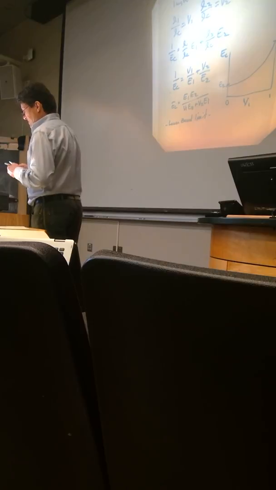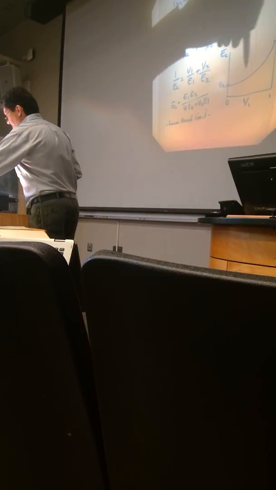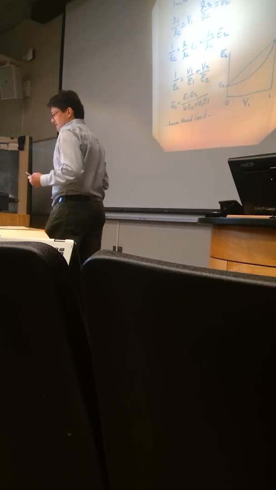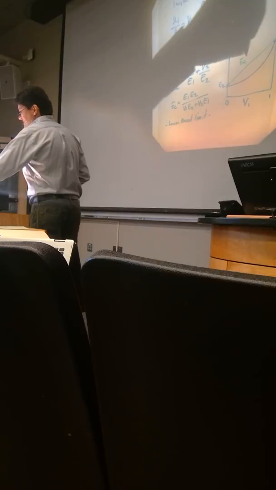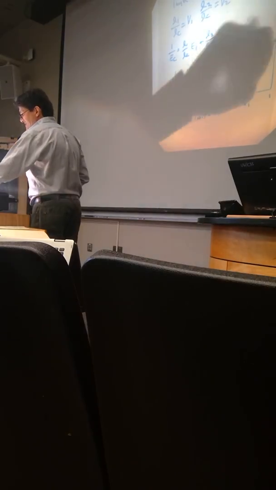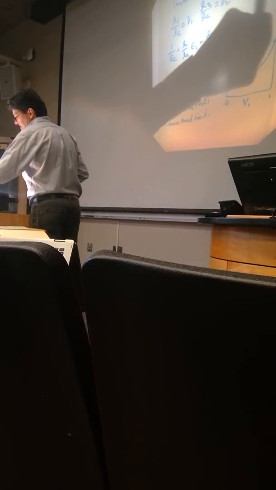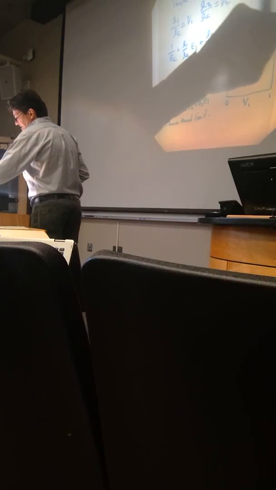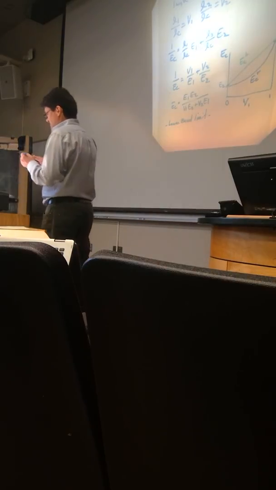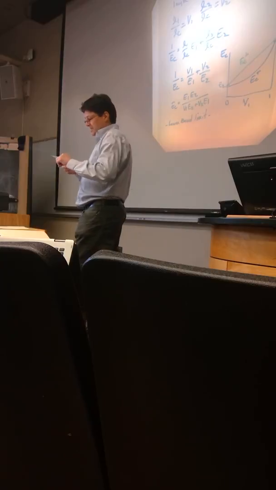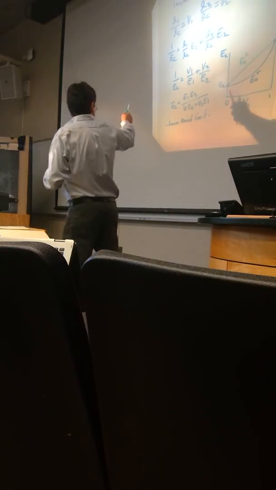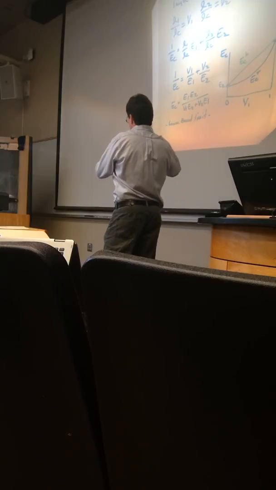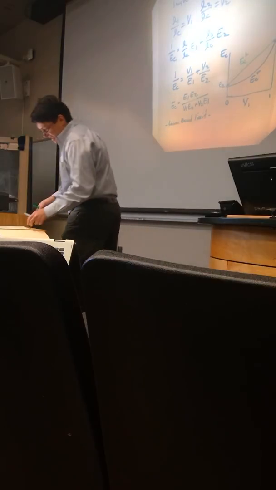And again, if you drew the other one on there, this is E of the composite in the longitudinal direction. This would be E of the composite in the transverse direction. So you see there's going to be a significant difference in the elastic modulus of your composite according to what direction you pull on.